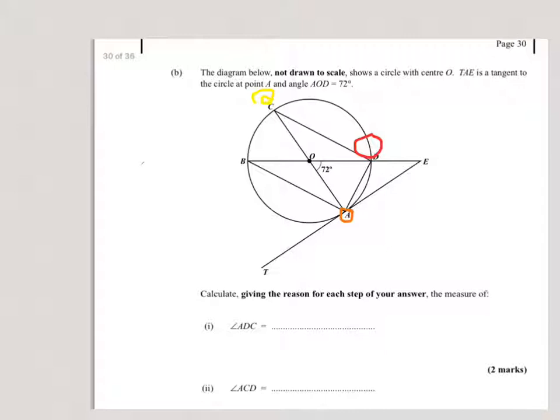Therefore we'll have a semicircle or two semicircles. Angles formed in a semicircle, or angles subtended in a semicircle, measure 90 degrees. So therefore D is 90 degrees. And the reason for that: angles subtended in a semicircle measure 90 degrees.